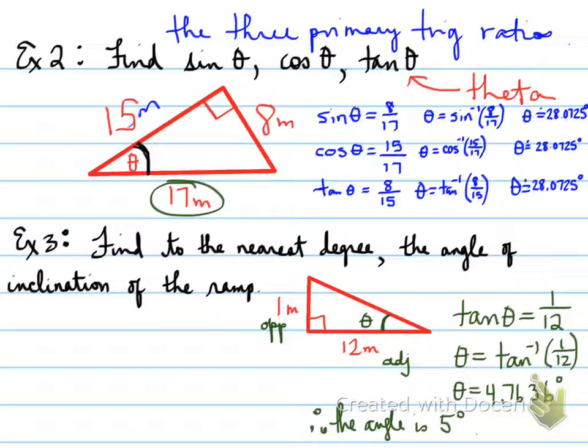Therefore, the angle is 5 degrees. Notice I didn't round in the working. I rounded to 4 decimal places, but in my final statement I got 5 degrees because I go back and reread the question. It says find the nearest degree. So we rounded to the nearest degree in the final statement. All right, moving forwards.